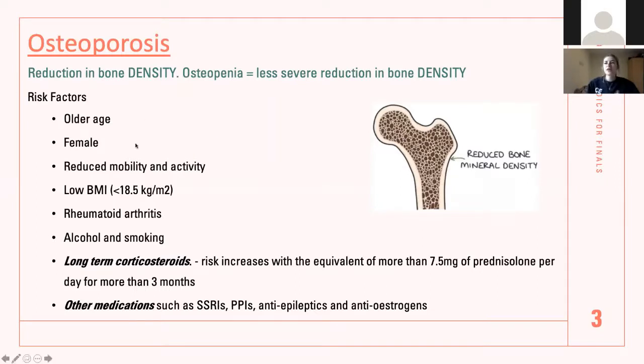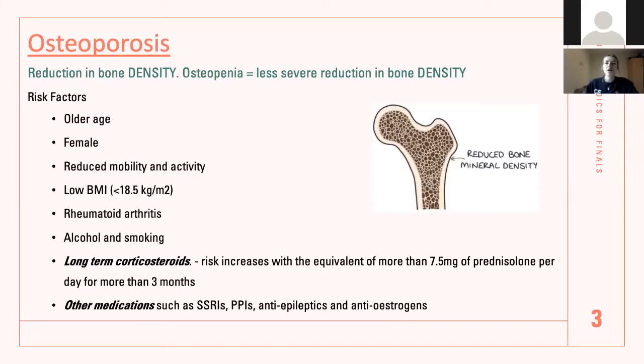Your risk factors are older age, female sex, reduced mobility, low BMI, so below 18.5, rheumatoid arthritis, alcohol and smoking, which are risk factors for basically everything, and also being on long-term corticosteroids.